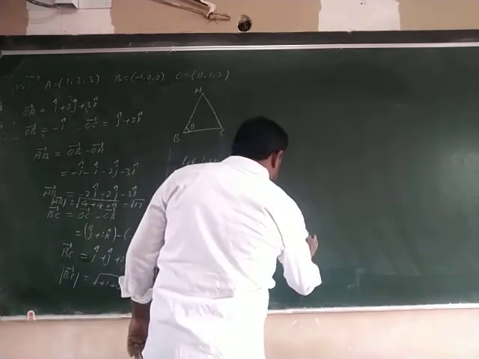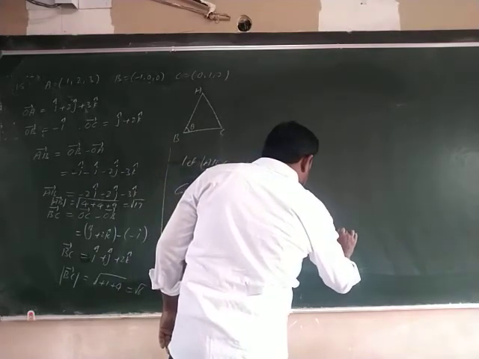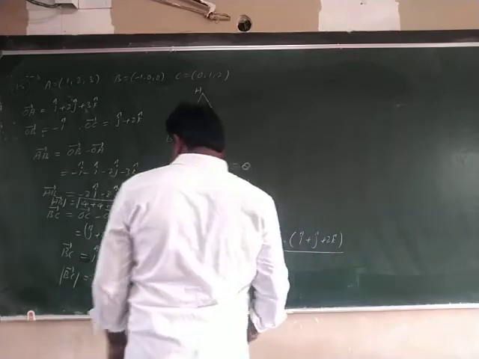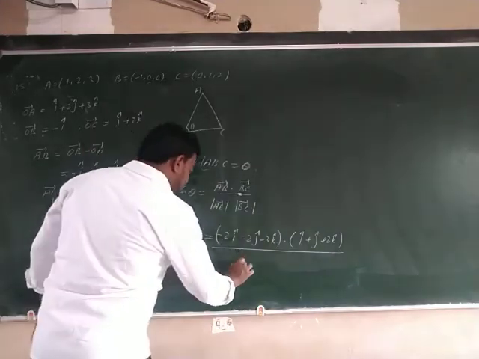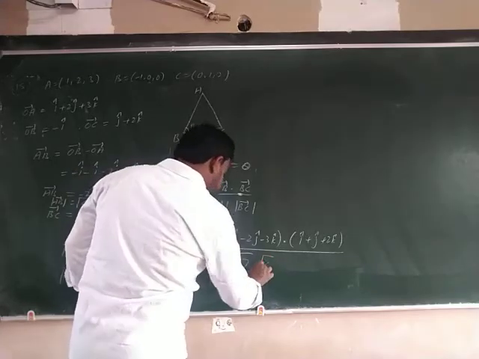BC is equal to I cap plus J cap plus 2K cap. Magnitude of AB is equal to root 17, magnitude of BC is equal to root 6.